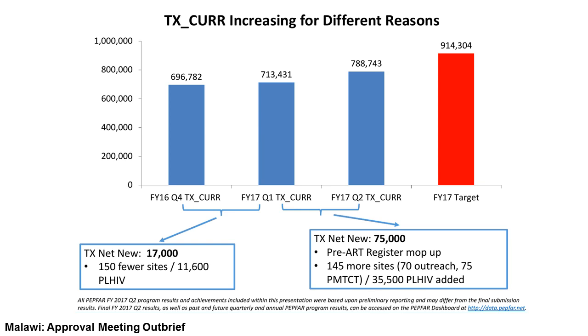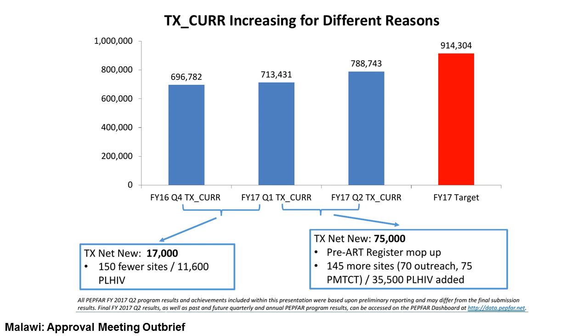So there were 11,600 people that they used to count as being on treatment that were part of that 696,000 in 2016 at quarter 4 that weren't counted anymore in quarter 1 because they stopped supporting those sites. So an increase of 17,000 should really be taken into context of, but they also lost 11,000, not because the 11,000 people dropped off of treatment, but because they stopped counting those people as PEPFAR-supported people.